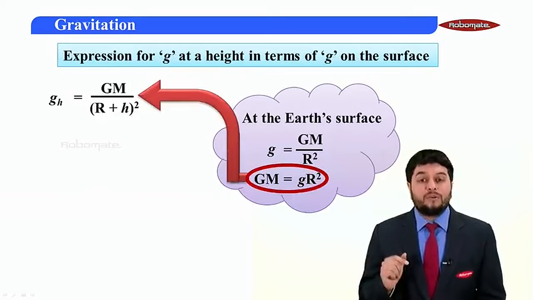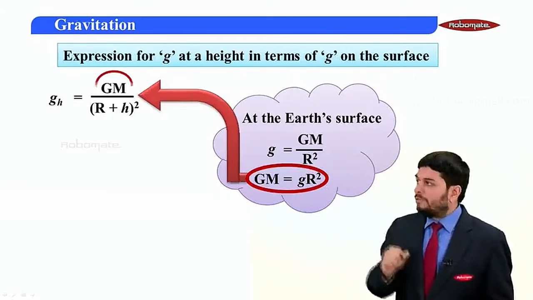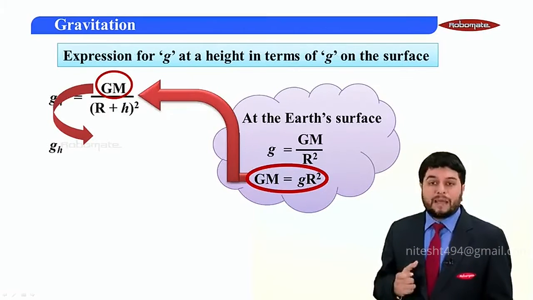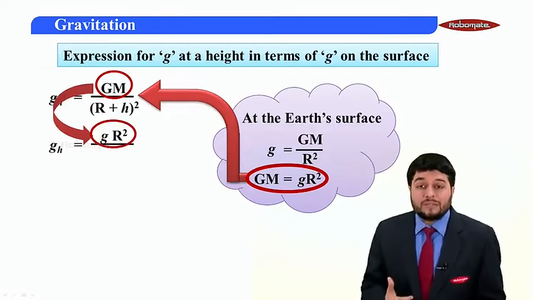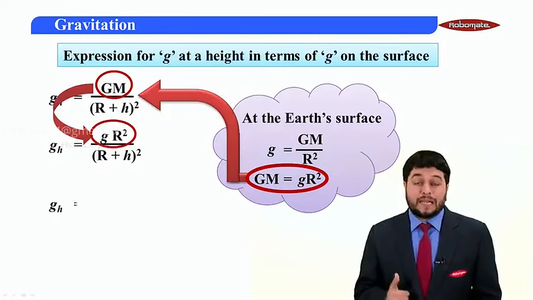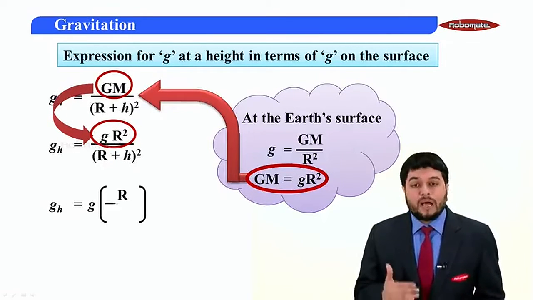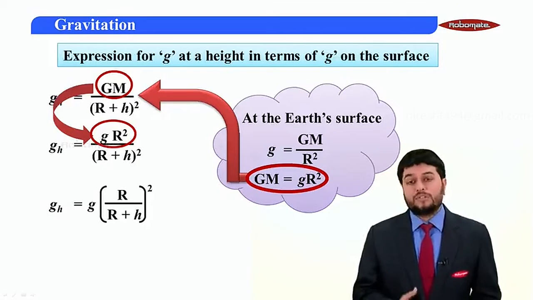Let's put this value over here. If I put this value in place of capital GM, I get gh is equal to gR square upon (R plus h) the whole square. That is, gh is equal to g into (R upon R plus h) the whole square.